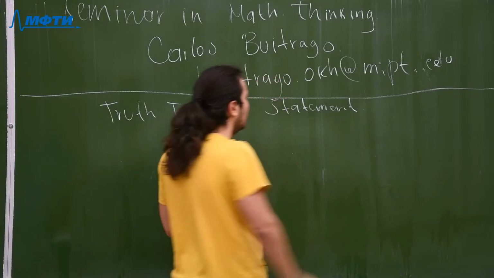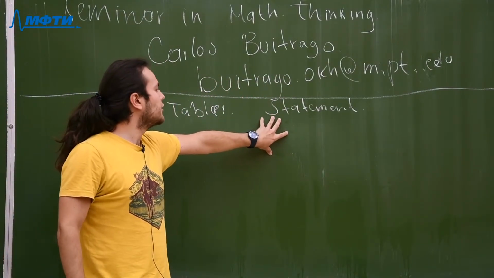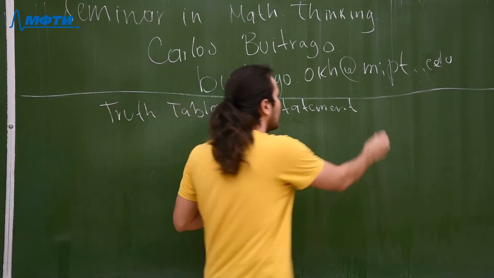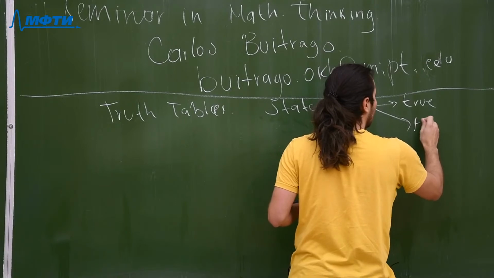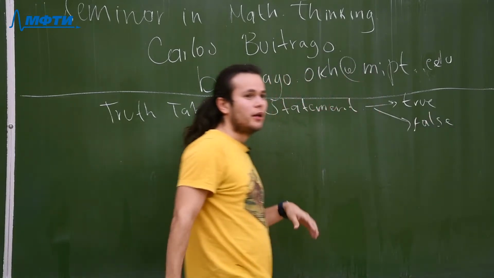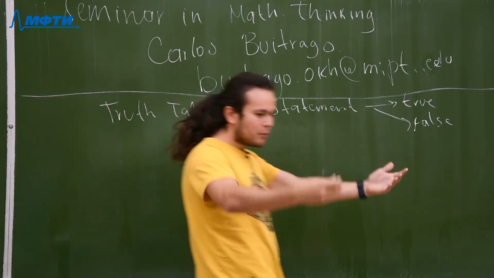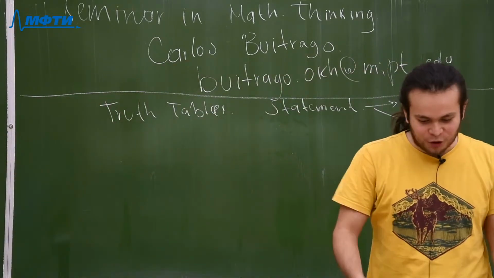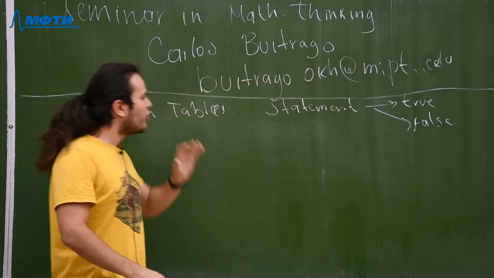Yes, we defined what a statement is. A statement can be either true or false, but not both. This is very important. There are some statements in English, or any language, that we can't say are true or false. We are not going to talk about them.